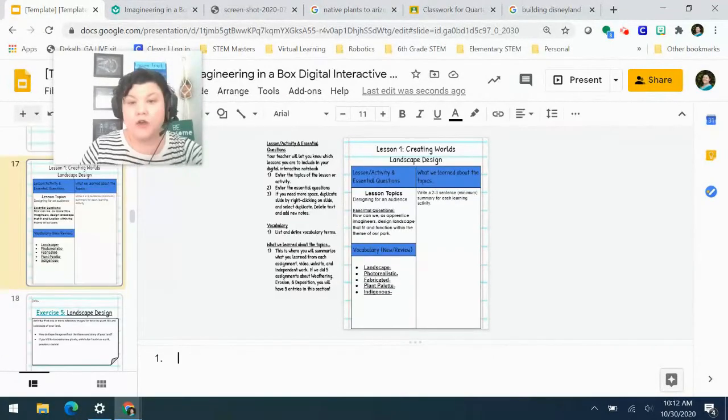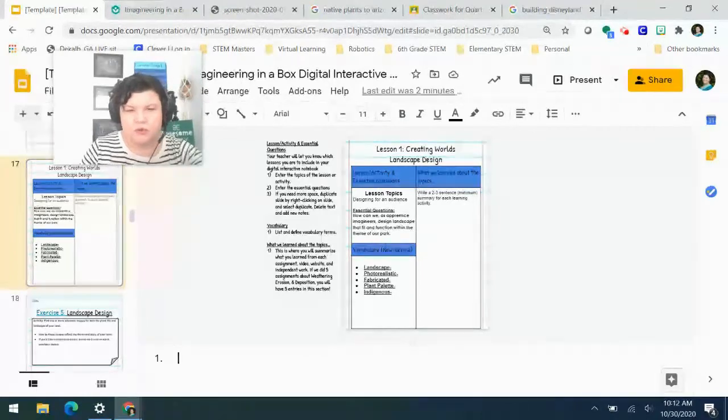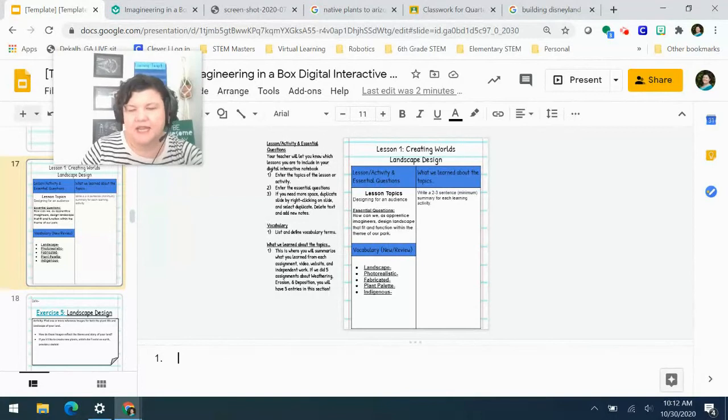Okay, so the second thing that you're going to do this week is work on landscape design. Landscape design is a very interesting field of design and engineering as you're looking at how your natural world interacts with plants and the engineering of where you place those plants. The landscape is everything that you look around you.